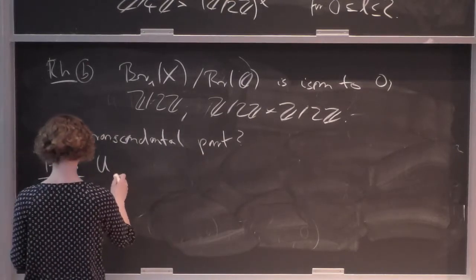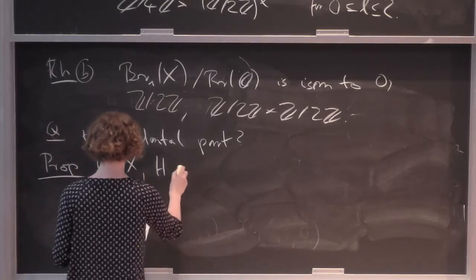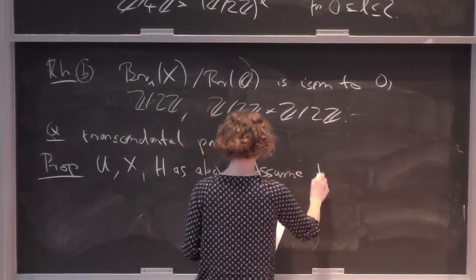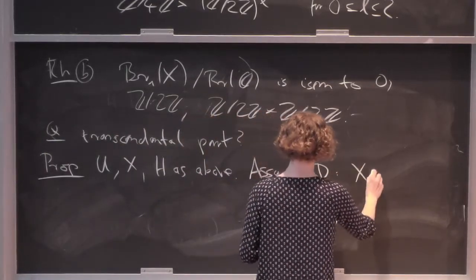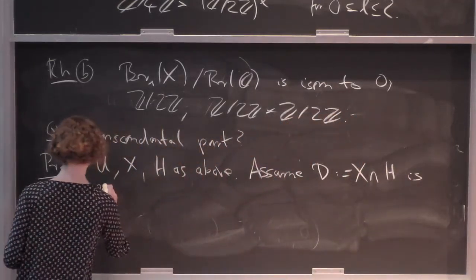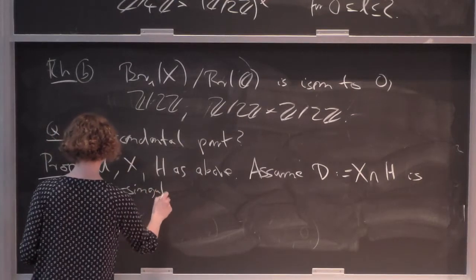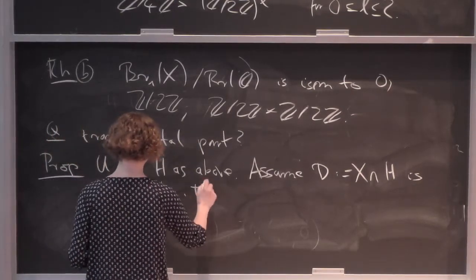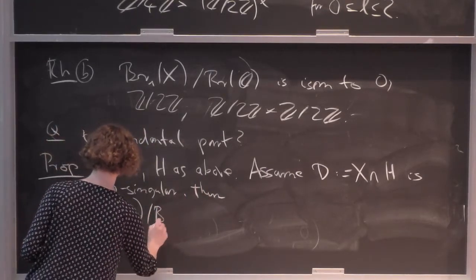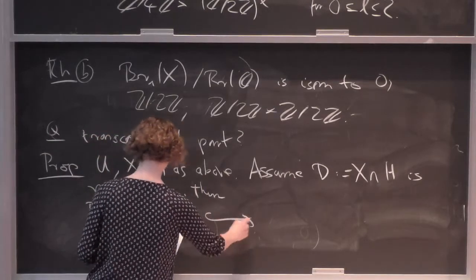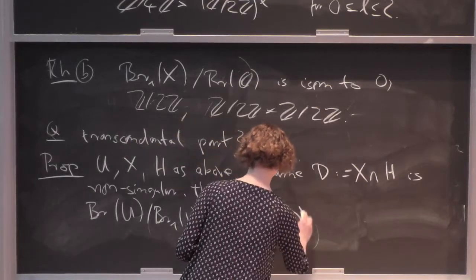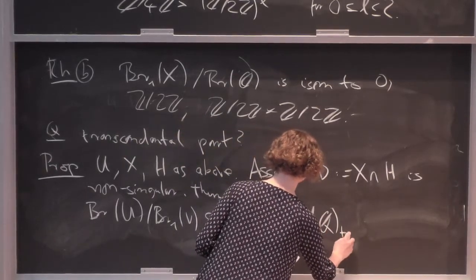following some classical theory, we can deduce that if U, X, and H are as above, and additionally assume that the intersection of the del Pezzo surface with the hyperplane, let's call it D, is non-singular, then the transcendental classes, modulo these algebraic classes, which we do understand, embed into the torsion points of the Jacobian of the variety D, into the Q-rational torsion points.